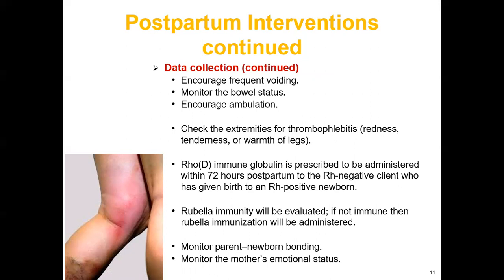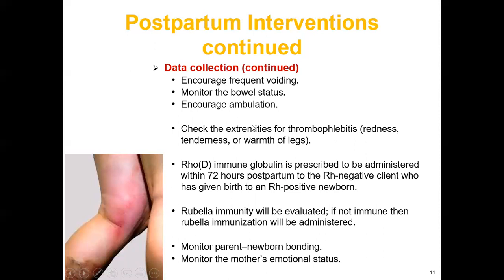So the Homan sign should be absent, meaning the mother does not have any deep vein thrombosis or thrombophlebitis. Also, RhoD immunoglobulin is prescribed to be administered within 72 hours postpartum to an Rh negative client who has given birth to an Rh positive newborn.